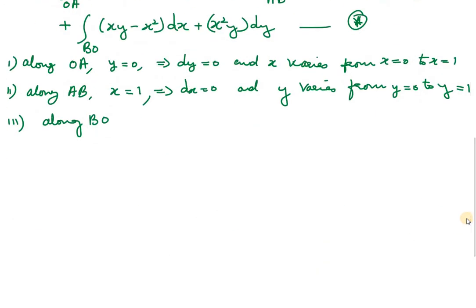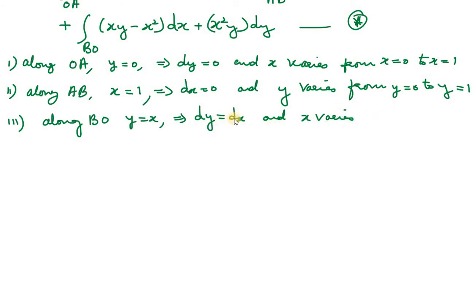Along BO, y is equal to x, which means that dy will be the same as dx. You can also evaluate it with respect to y, that is, replace dx by dy here, but without loss of generality I am taking this one, changing it in terms of x, and then the limits of integration for x is from 0 to 1.